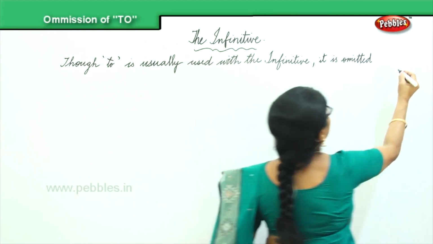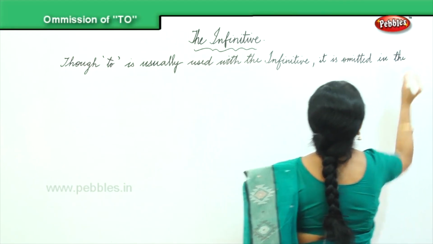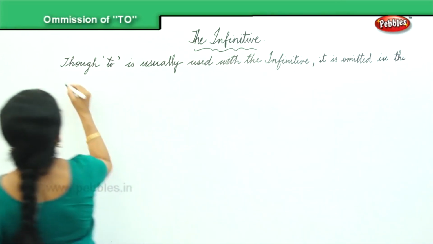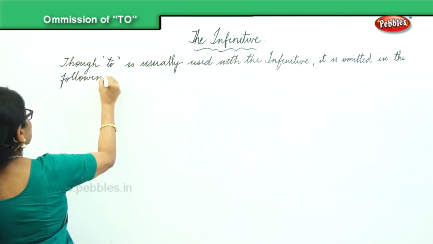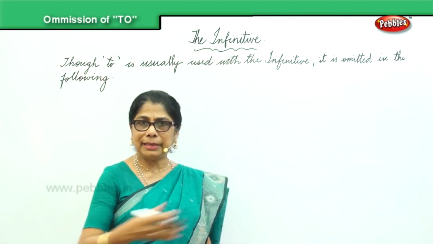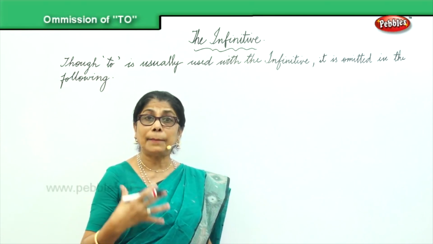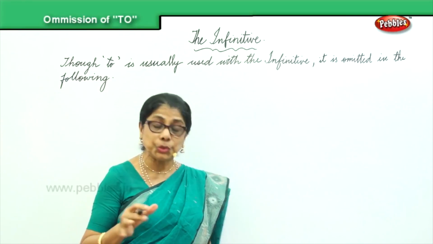We need to add to the verb, but in this following, what I'm talking to you about, auxiliary verbs, we will be omitting the to.